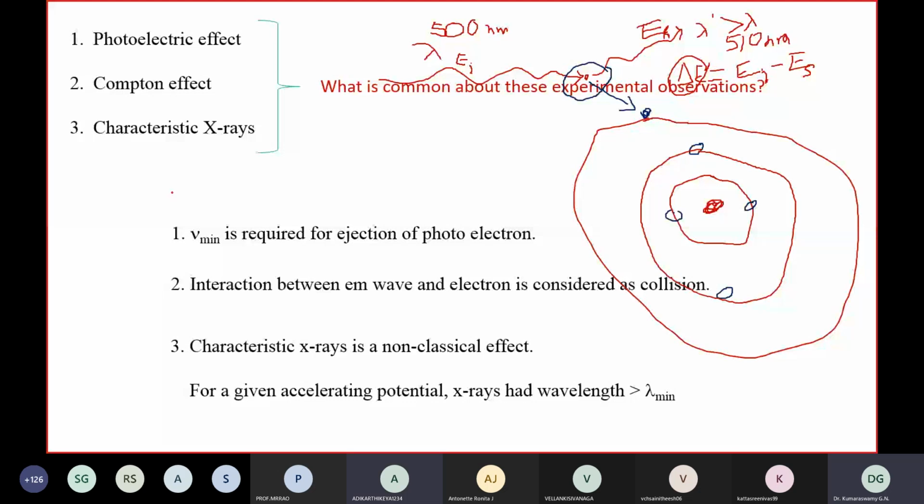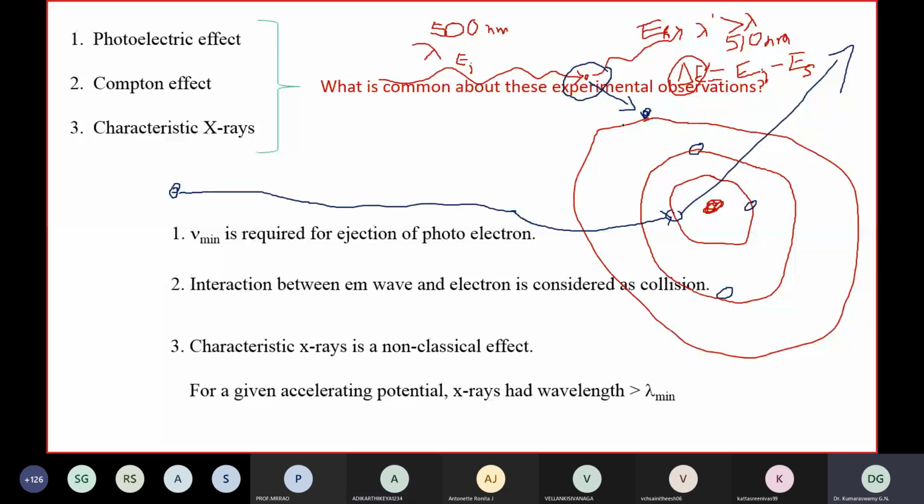So here we have an electron. We accelerate this electron and it hits this electron. When this electron is hit, it goes out, so nothing is there. This becomes empty.